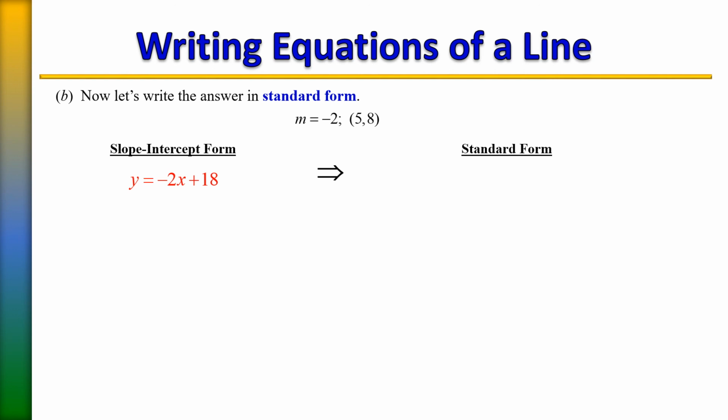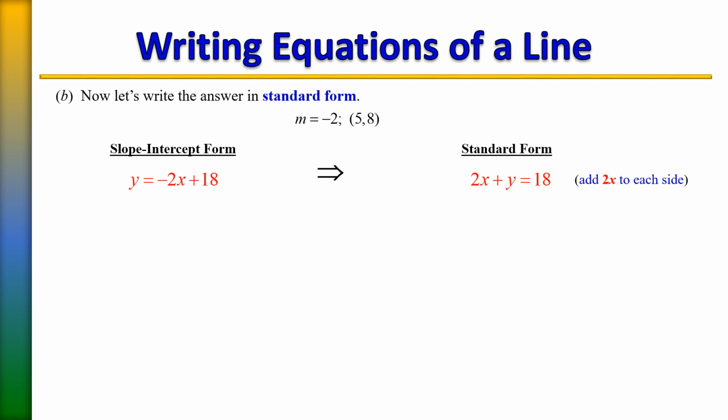So all we have to do to get this in standard form is to move the negative 2x from the right side over to the left side. And to do that, we have to do the opposite. So the opposite of negative 2x is positive 2x.